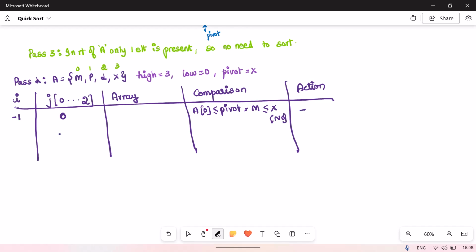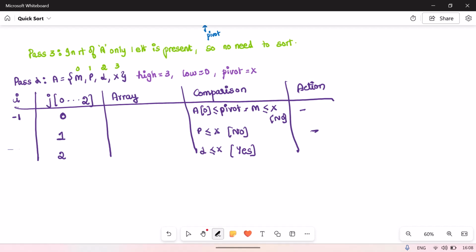J will increase. Again, A of 1 will be compared with pivot. A of 1 is P. So P less than or equal to X? No. So no action will be taken. Again, J will increase. So L less than or equal to X? So yes, right? L is less than or equal to X. Then what should happen?